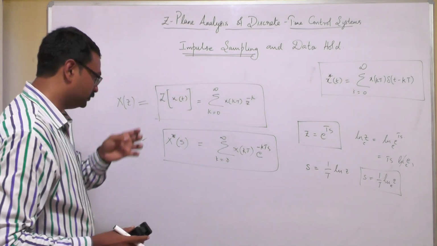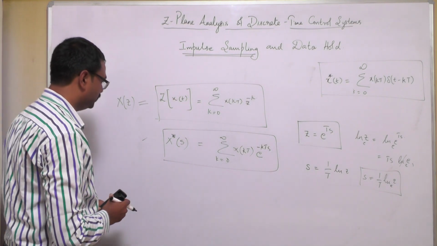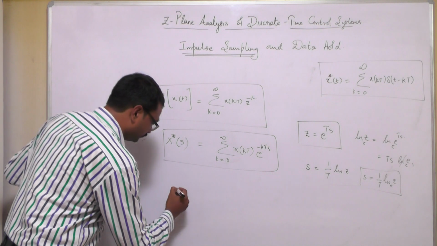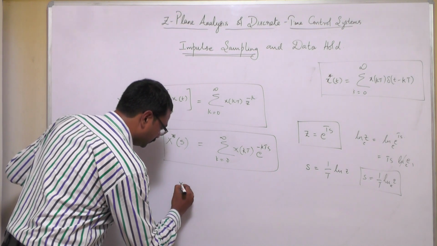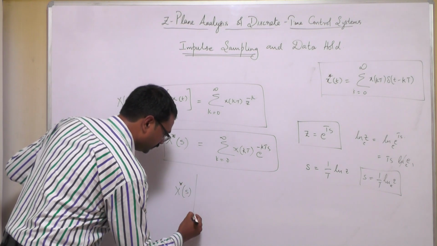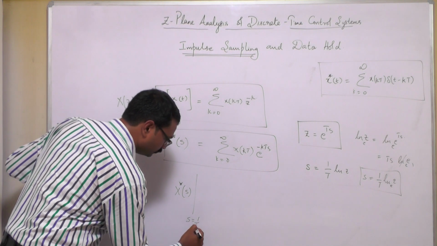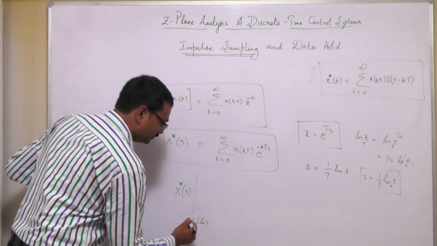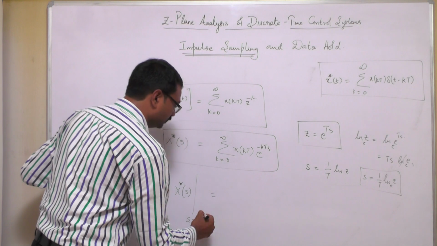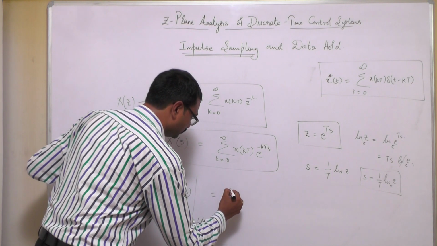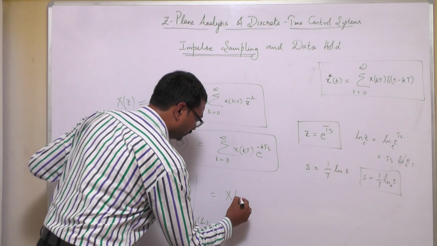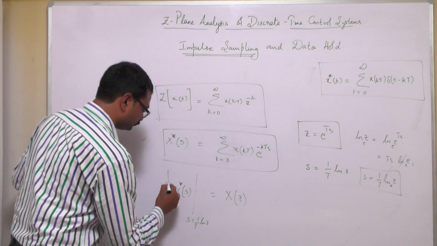Now using this representation, I can say that X star of s, when s is equal to 1 by T ln z, this sigma is equal to X of z.